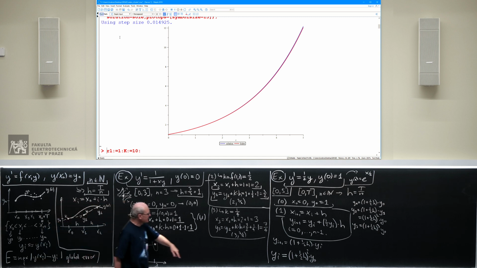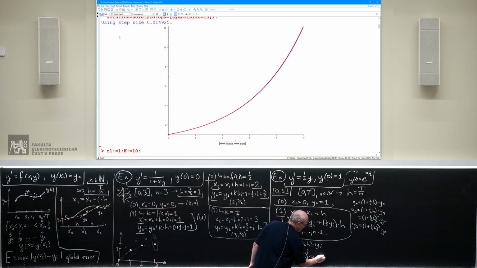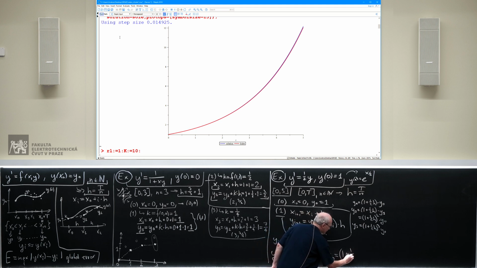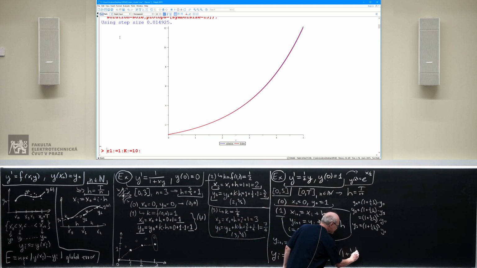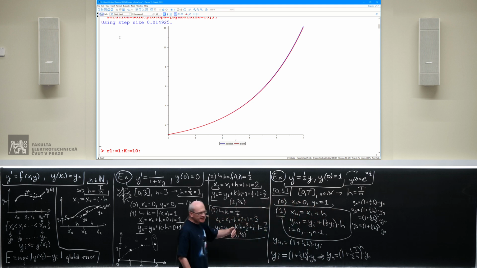So let's do it. What does yn look like? yn is 1 plus 1/2, and now let me substitute for the step size, t over n, to the power n times y0. That's the formula for the last point in my partition, which is actually the last point of my interval.